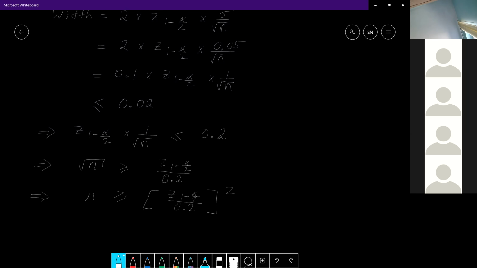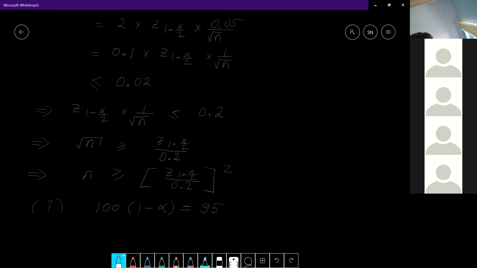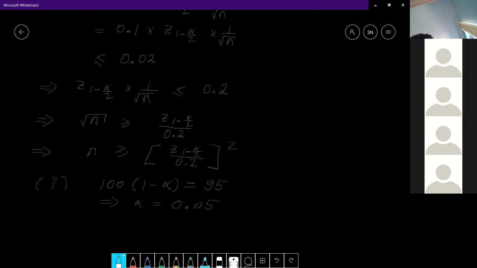But now we need to consider two cases. Number one is the 95% confidence interval. So 100 times (1 minus alpha) is 95, which implies that alpha is 0.05, so alpha by 2 will be 0.025.